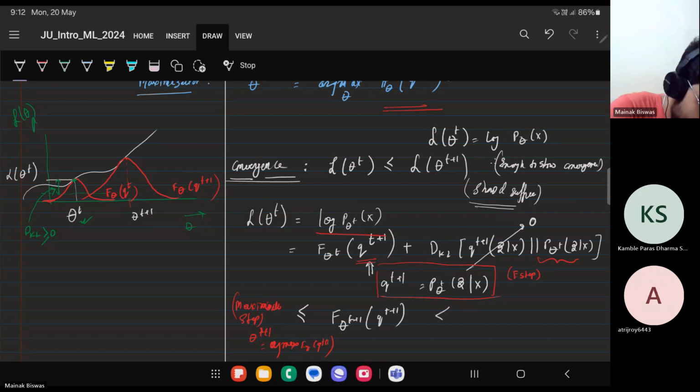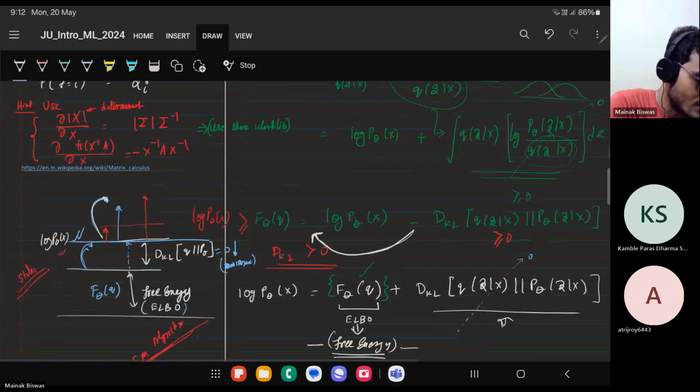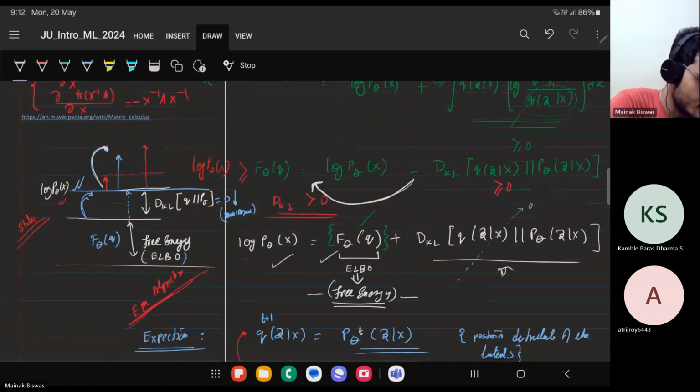Now, that also has to be less than or equal to what? By the ELBO, the ELBO t plus 1 equation.